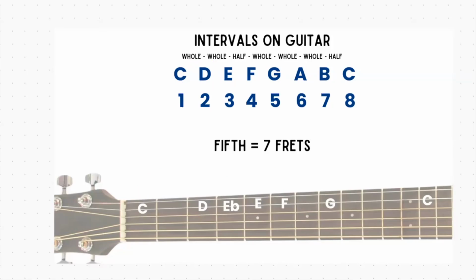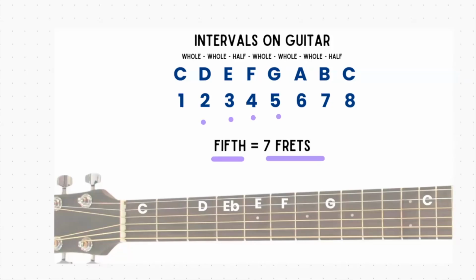And again, the fifth, you can remember these by whole, half, whole, half, right? If you know the notes of the scale or you know the numbers, then the whole half tells you that's 5 frets away, but 3 notes, okay? So we have the C, D, E, F, and G is the fifth. So the fifth equals 7 frets.